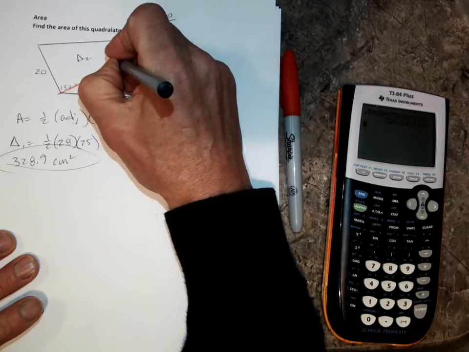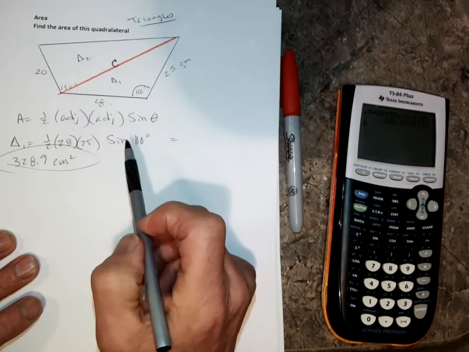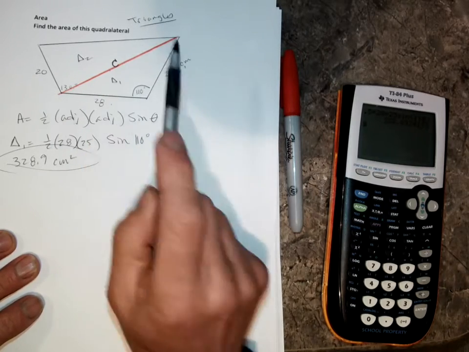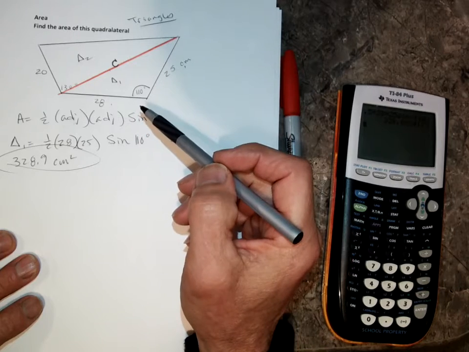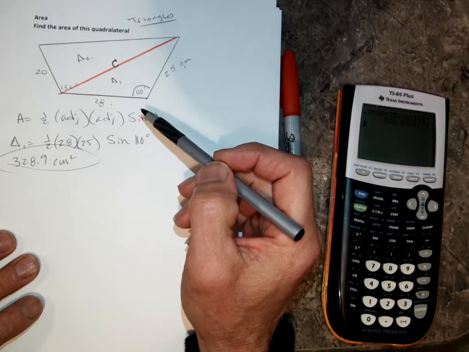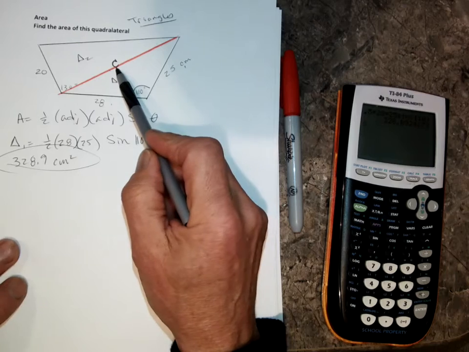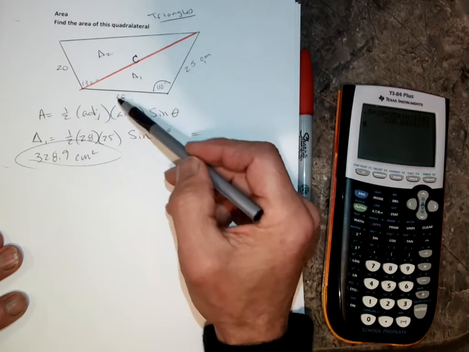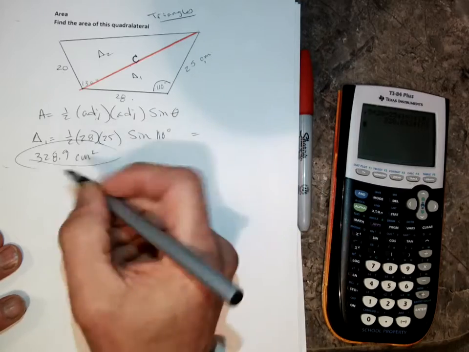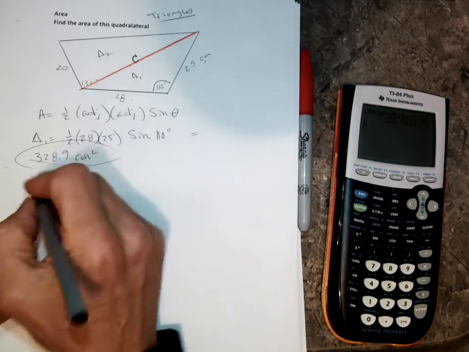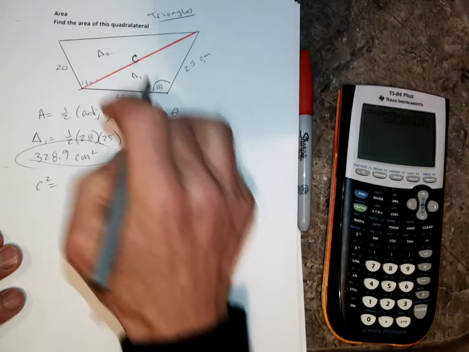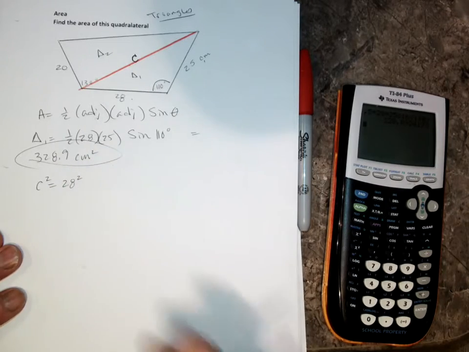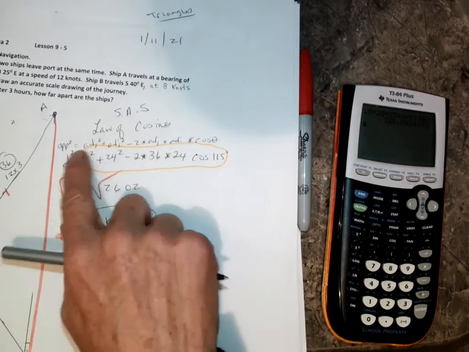I'm going to call it C. Alright, so I've got to use my other triangle to find C, and what I'm going to have to do is use the law of cosines to find C, okay? Law of cosines because I've got side, angle, side. So I'm going to go law of cosines. So we'll set little c squared is equal to adjacent squared, 28 squared, right? This is this formula right here, right?